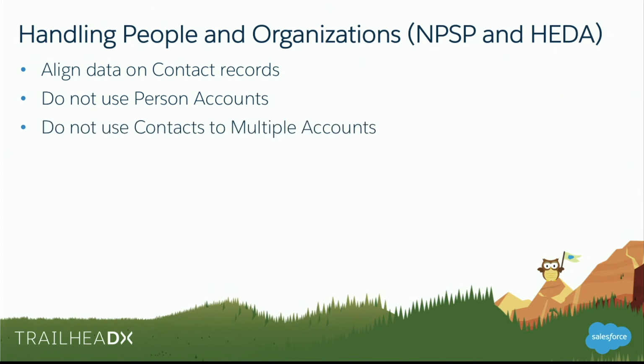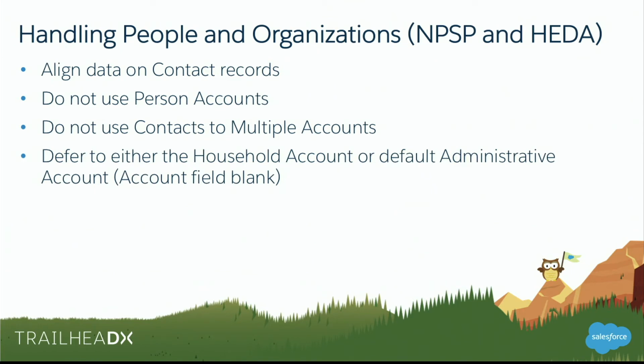We also don't use contacts to multiple accounts, largely due to the fact that it's a newer platform feature. This is in the Nonprofit Success Pack what the affiliations object carries. And it is also partially in the higher education data architecture what the affiliations object carries. When you integrate, you can defer to either of the account models, and there are some standard methodologies for doing so.